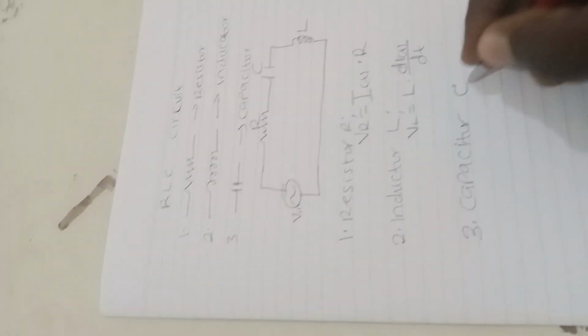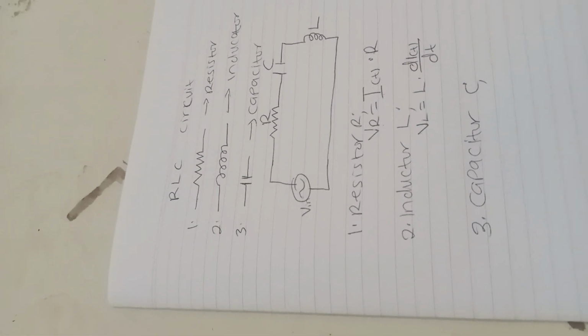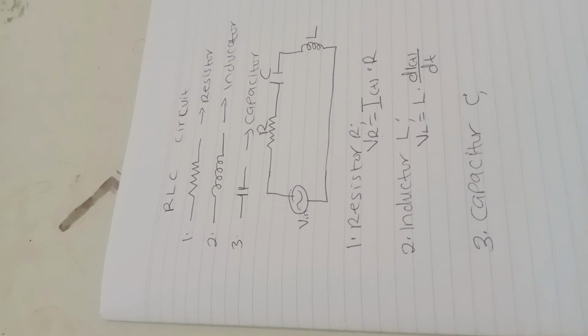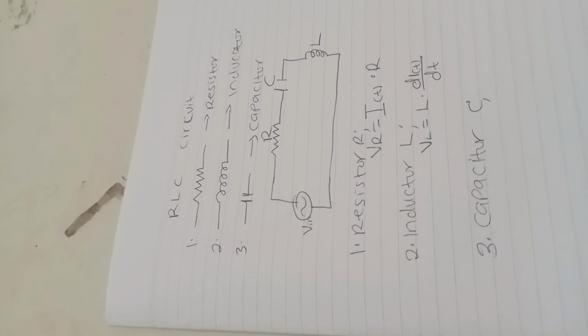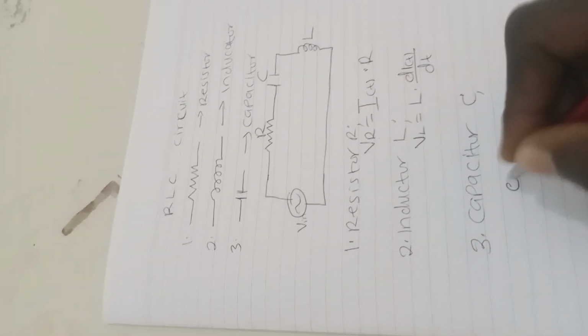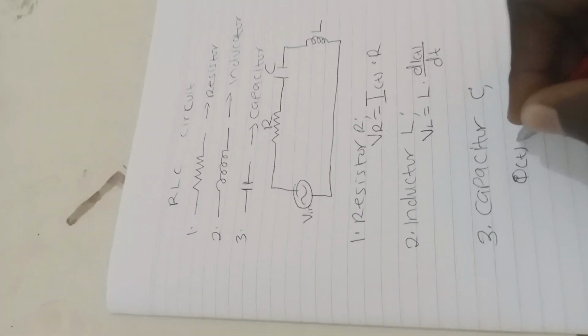We have the third one, which is the capacitor. So the voltage across the capacitor is related to the amount of charges it stores in the capacitor. Since the current is the rate of change of charge with time, we are going to have an equation like this one.